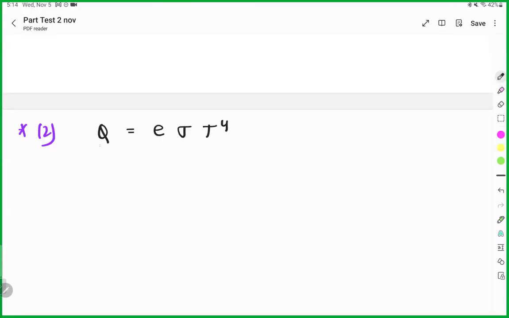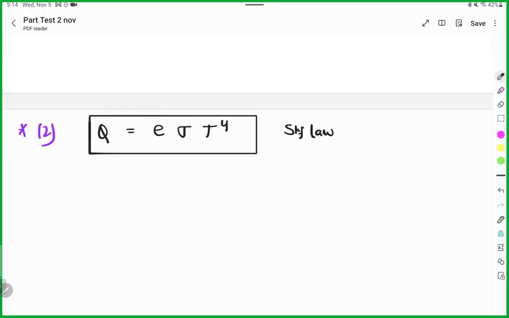And this is the heat per unit time per unit area. So this is the formula of the energy per unit area per unit time, equal to E sigma T raised to power 4. And this is known as Stefan's law, correct? Do you remember we discussed this in the class?